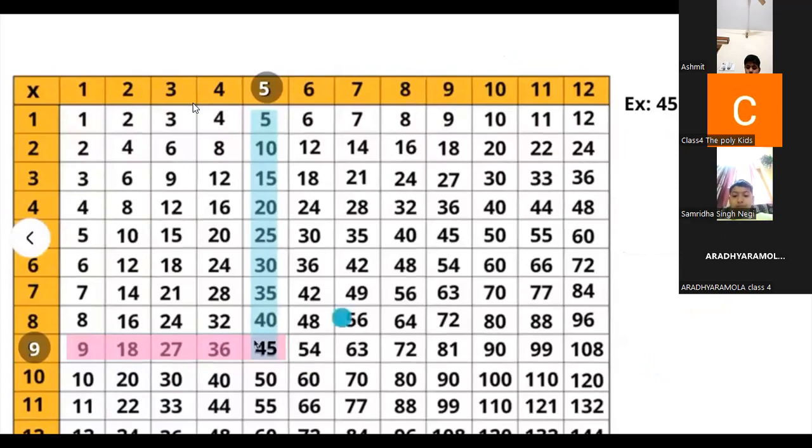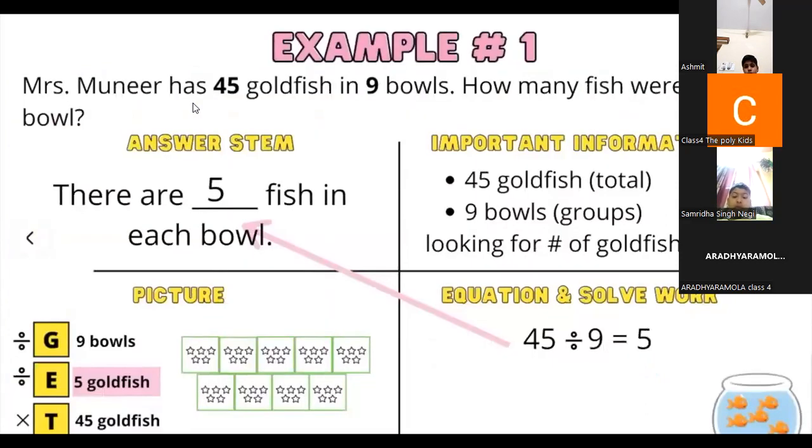We first locate 9, our divisor. We find 45 and we slide up. So our answer is 5. 45 divided by 9 equals 5. There are 5 fish in each bowl.